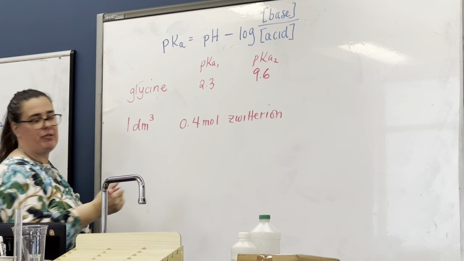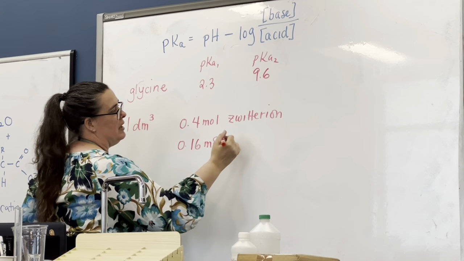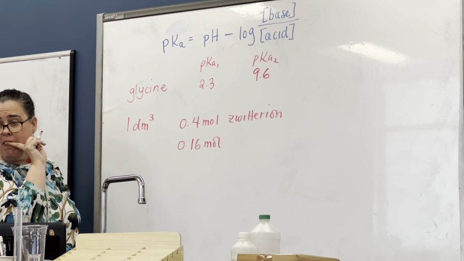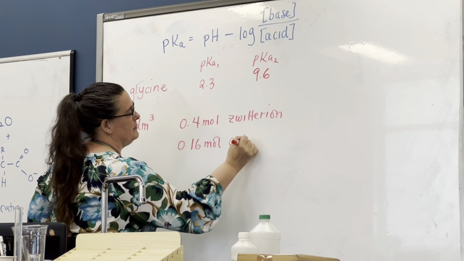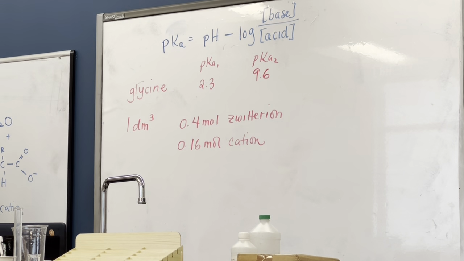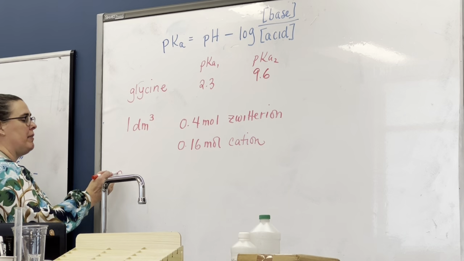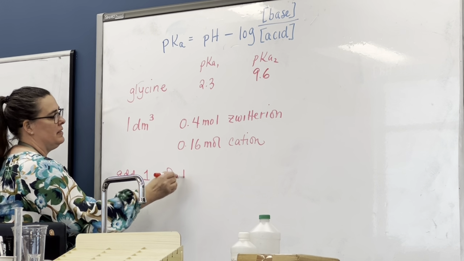And it contains 0.16 moles of the cation. And I would like to know the pH upon adding 1 gram of sodium hydroxide.